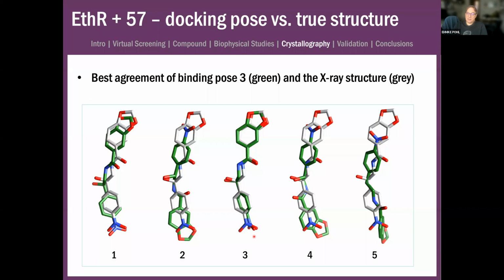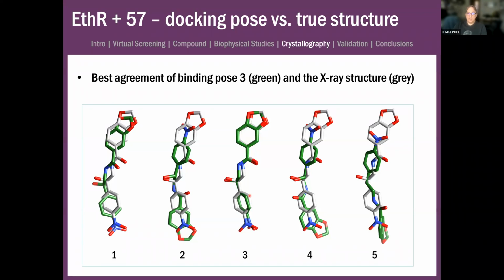In other examples, the docking poses are actually not as good at all. So for me, this is a reinforcement that we really need structure validation by an experiment or more sophisticated computation. Docking alone gives you a docking pose, which is a good guideline, but it's usually not good enough to guide the chemistry in the next step.